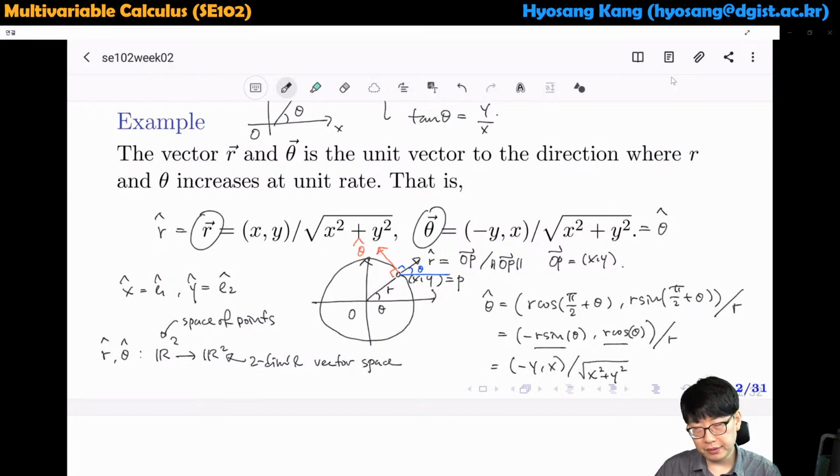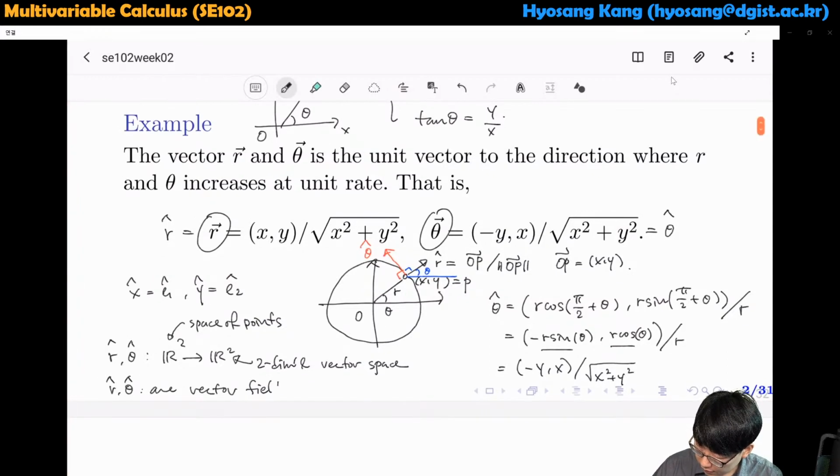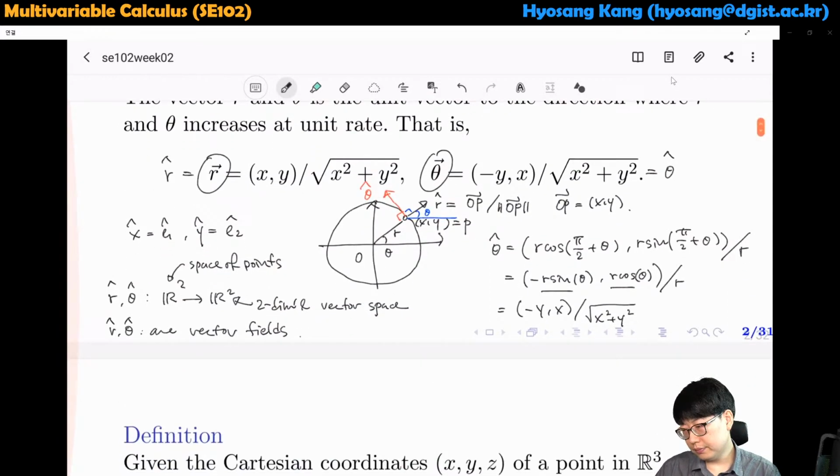So as I said, I'm going to write R2 as also the two-dimensional Euclidean vector space. And these are examples of vector fields.